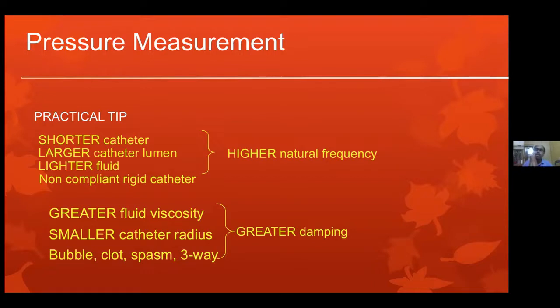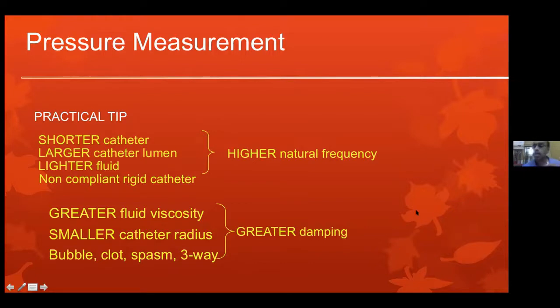There should be movement of the fluid. The pressure is generated by the intracardiac chambers, and the chambers transmit it through the fluid to the tip of the transducer. So the intermolecular friction should be low. This friction is viscosity. The higher the viscosity, a classical example being contrast, the higher the damping.